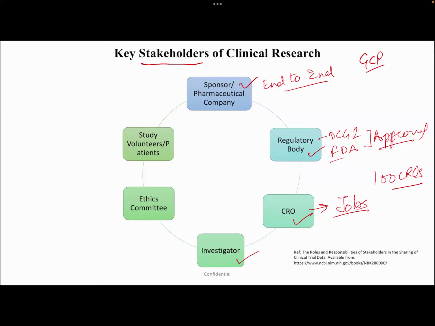Okay, investigator, who is in charge of a site. Again, in GCP, we will study the responsibility of an investigator. Ethics committee, they take care of ethics. Study participants, volunteers, these are the important stakeholders in clinical research.